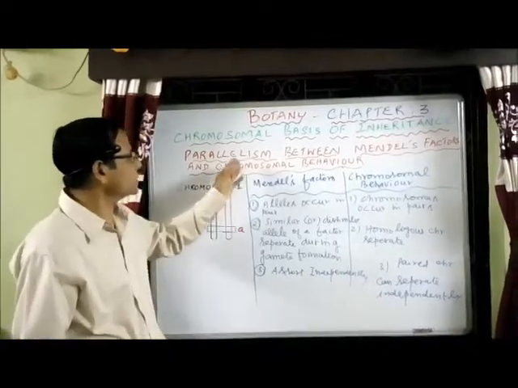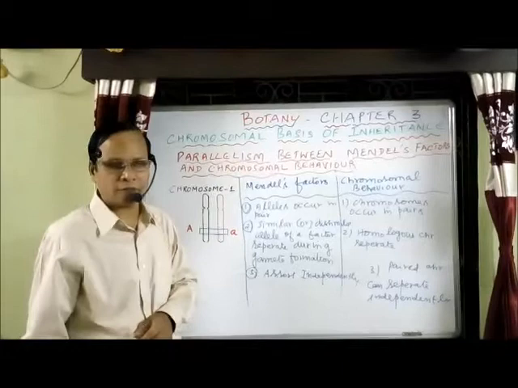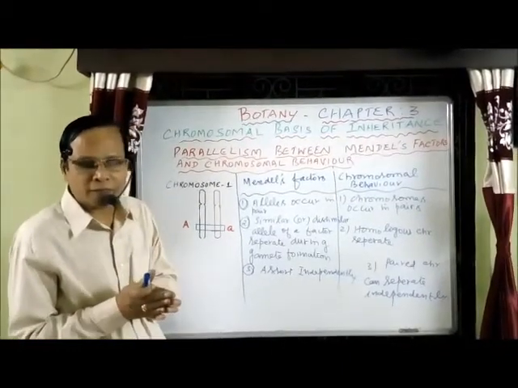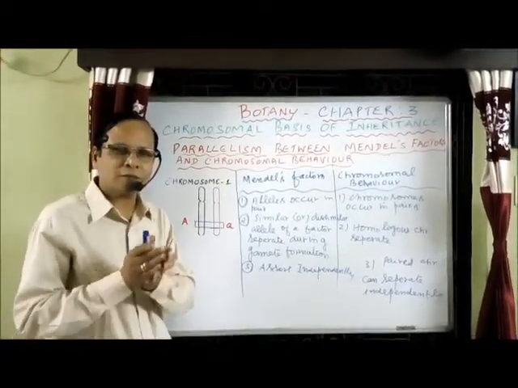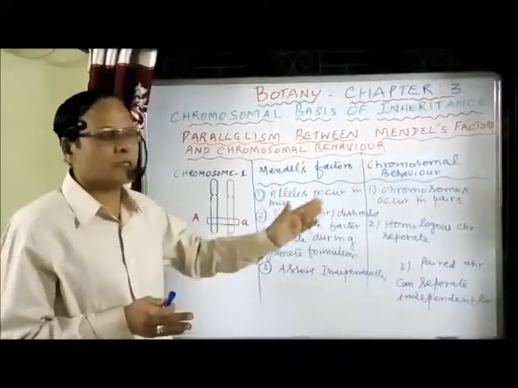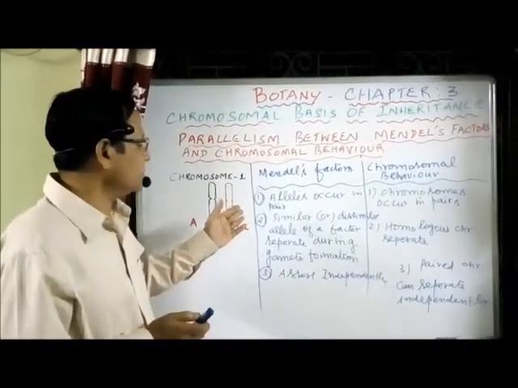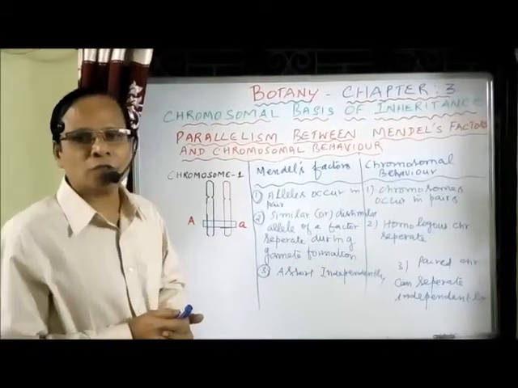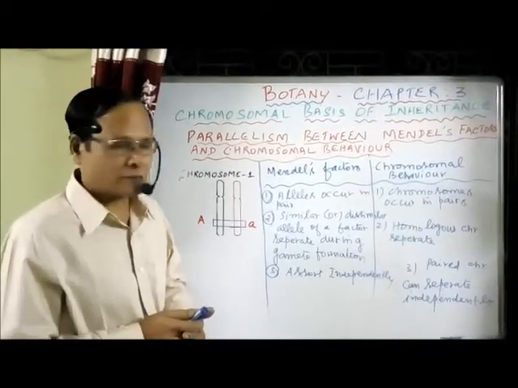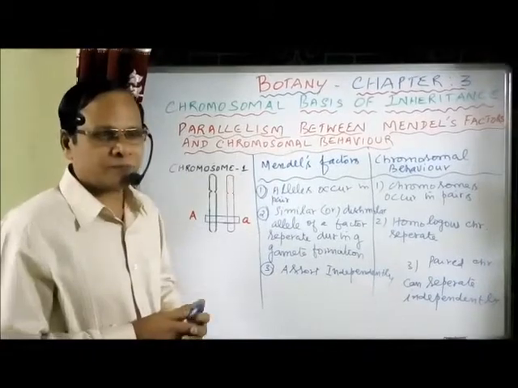Now let's see the parallelism between Mendel's factors and the chromosomal behavior. There are similarities between Mendel's factors, the genes, and the chromosomal behavior during cell division. If you are observing the alleles of a factor, for example the A gene, the alleles occur in pairs.